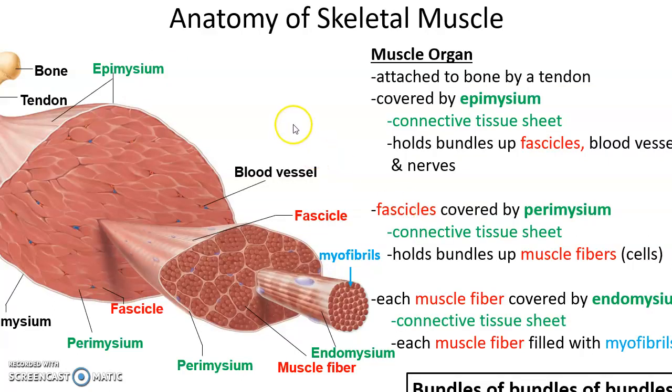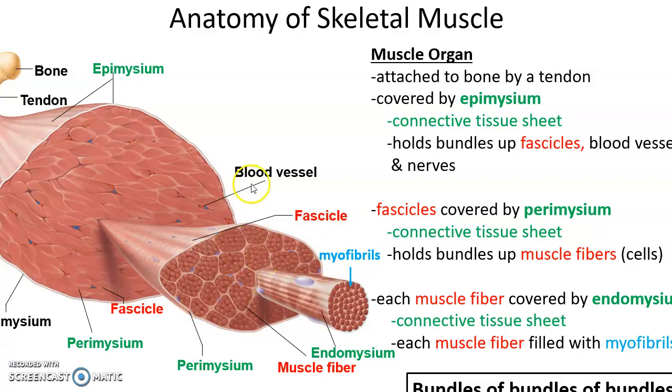A muscle organ is attached to a bone by a tendon. It is covered with a sheet of connective tissue called the epimysium. And this holds bundles of structures called fascicles. The fascicles are bundles of muscle cells, and each fascicle is wrapped by a sheet of connective tissue called the perimysium.